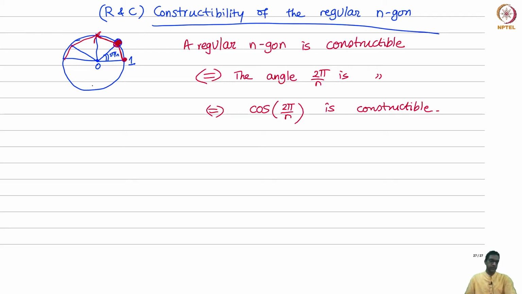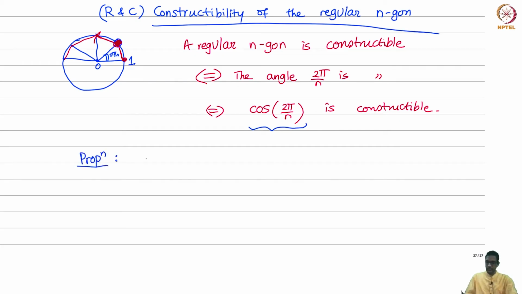Now, the point is, let's prove the following theorem. So remember, what is this cosine here? What has this got to do with the whole analysis of cyclotomic extensions that we have been doing? So observe the following. Maybe I'll just write the theorem down first.